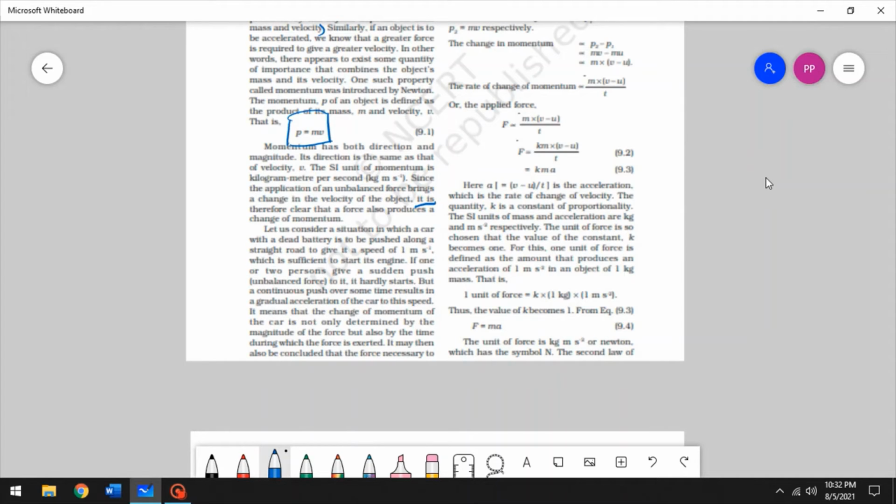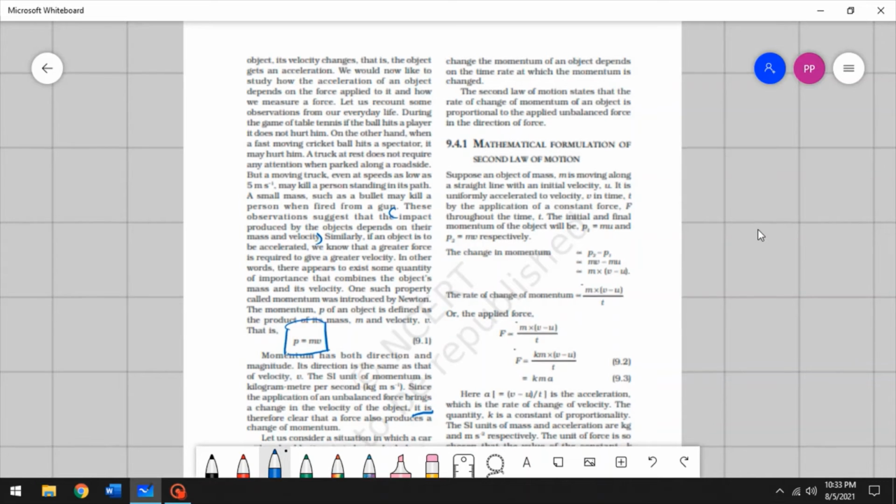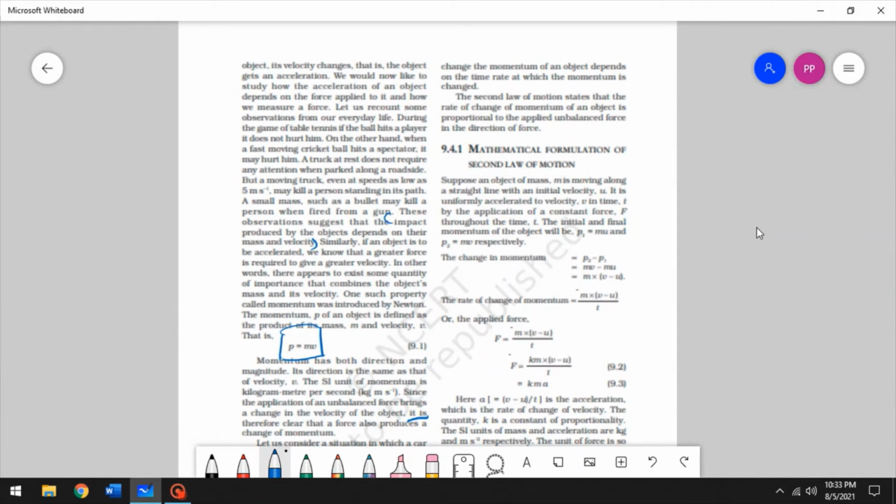You might have to push them longer, even if it was with the same force, right? So that is how important time is. Along with mass and velocity, time is also important in determining how that force affects its surroundings or the people around them, alright? So the change in momentum of an object also depends on the time rate at which the momentum is changed, alright?